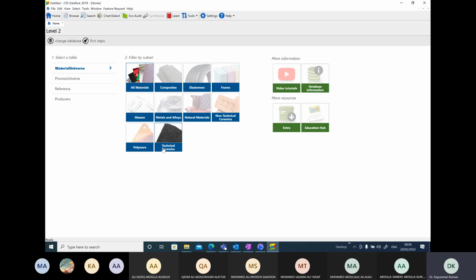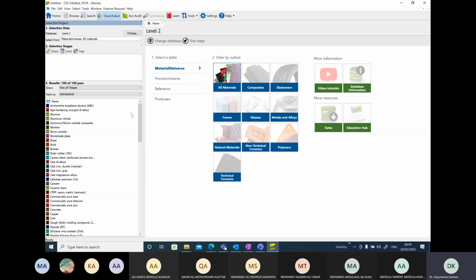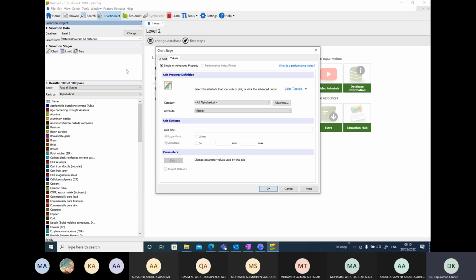Now how do I select the materials? On the top here you will see chart select. If I click on it, this toolbar opens, and then I can click on chart. Once I click on chart, there is the choice to assign variables to the x-axis and y-axis. There are various types of variables.